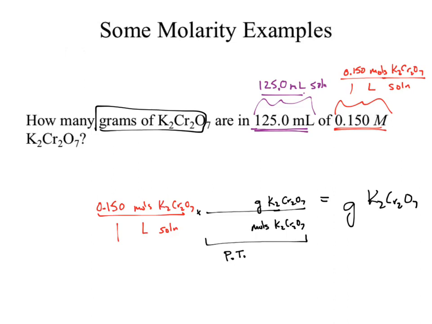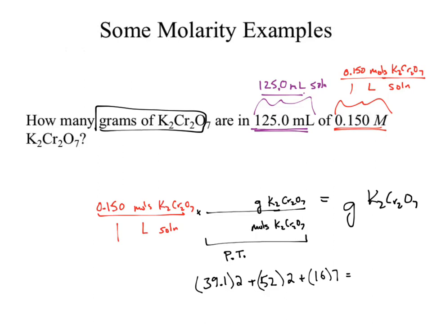I would do that by taking the mass of potassium at 39.1, times 2, because there's 2 potassiums, plus the mass of chromium, 52, close enough, times 2 plus 16 times 7.